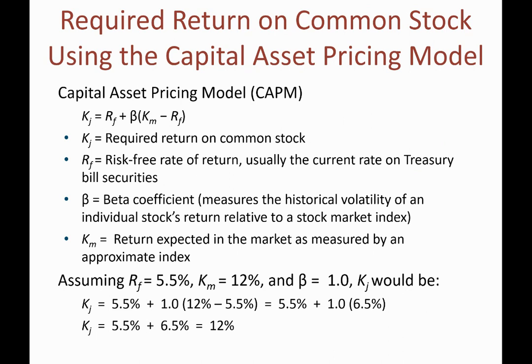And as I mentioned before, we did look at several ways we can value common stock. We said, for example, we can use the security market line, and we can use the discount dividend model, which is basically this.